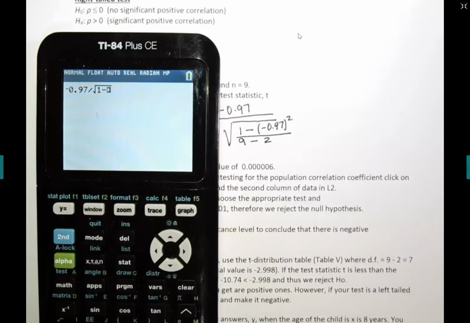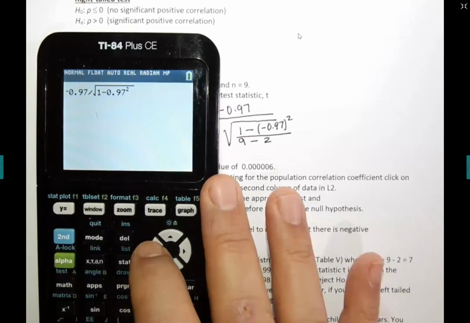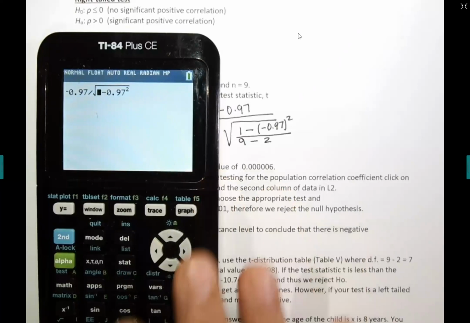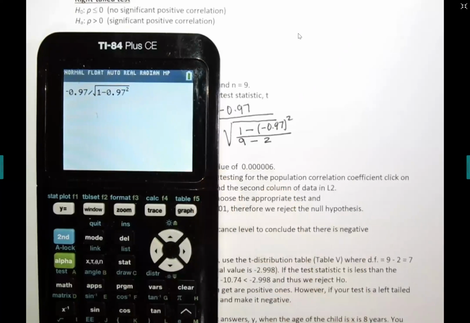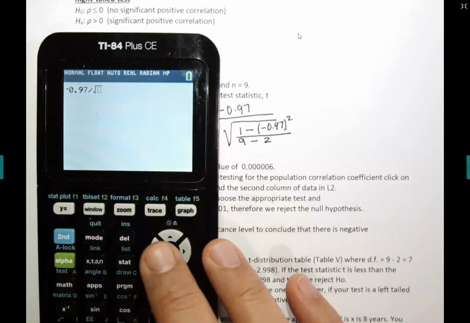So I'm just going to do 0.97 squared. Oops, I made a mistake here. I should have done parentheses first because we're dividing by 9 minus 2. So I'm going to just clear this and do parentheses.